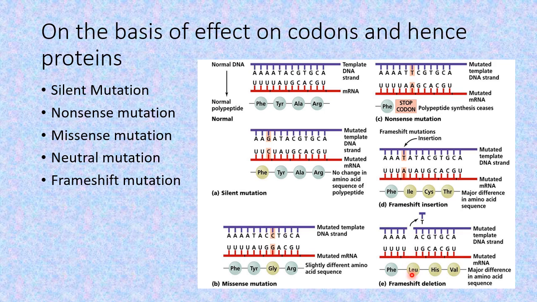But because of the deletion of a single nucleotide, now this triplet is converted to UUG, and for all the consecutive nucleotides there's a shift in the reading frame, and a resulting change in the amino acids produced. So this type of deletion that leads to shifting of the reading frame is known as the frame shift deletion.